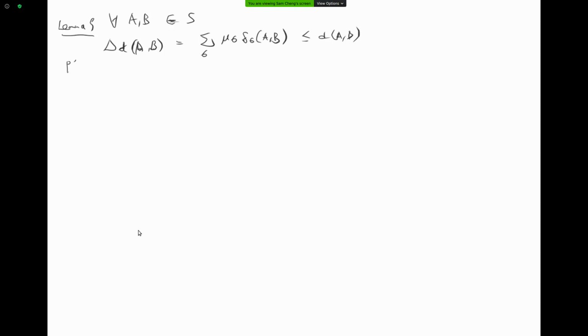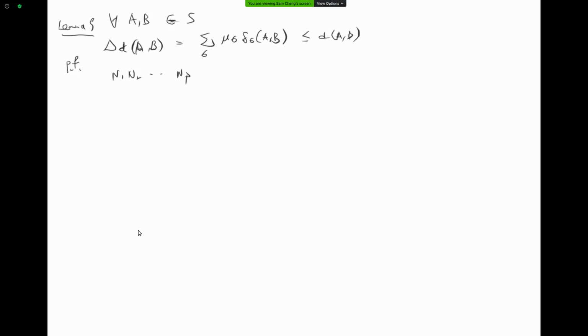So the proof is like that. First of all, we start by considering any AB here, and without loss of generality, I will have a path, and let's say the path contains M1 and M2 up to MP.